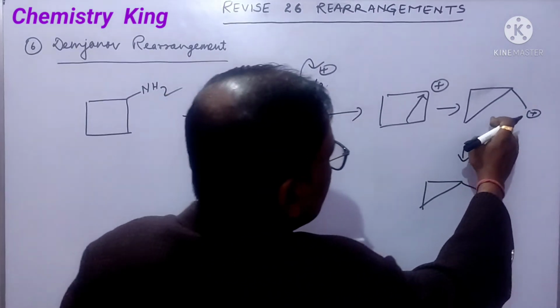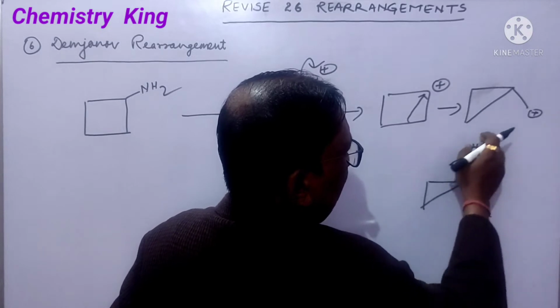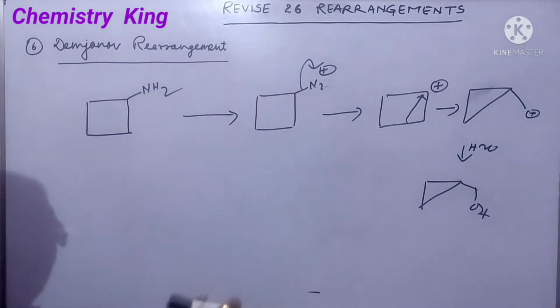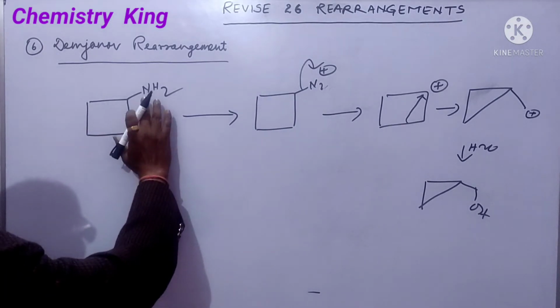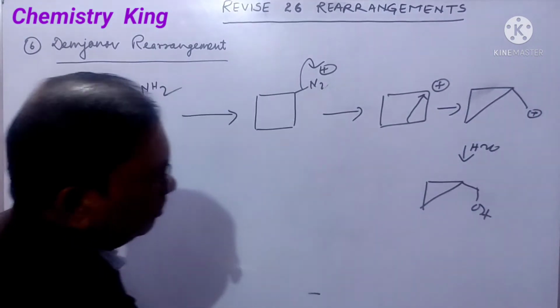And it is the three-membered ring, yet it is very much stable due to dancing resonance. And in the whole reaction, what happened? Four-membered ring has converted into three-membered ring.